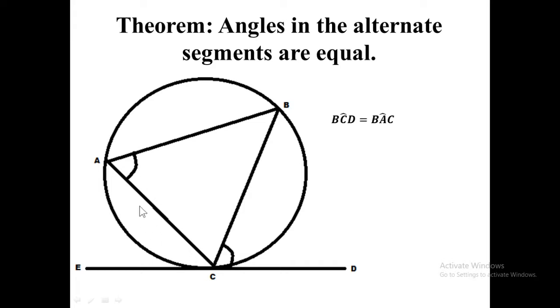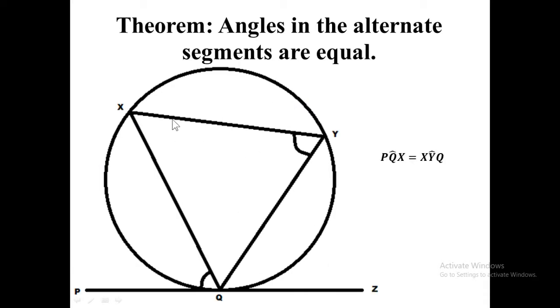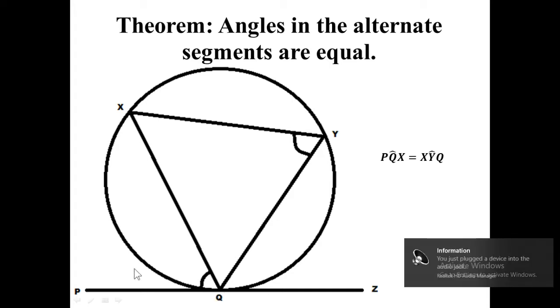So you can see that this side also is a segment, and everything here is also a segment as well. Since this chord here is touching this tangent, the angle here is also alternate to this angle that is here. That is what we are seeing here right now, that with this chord QX, the angle that is formed with this tangent is alternate to this angle here.